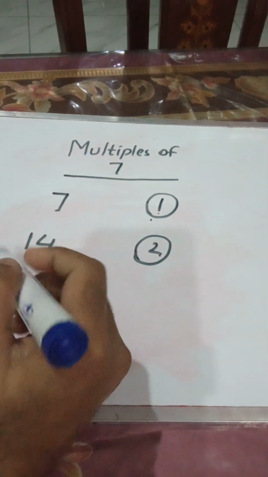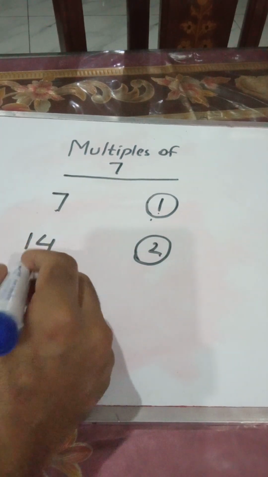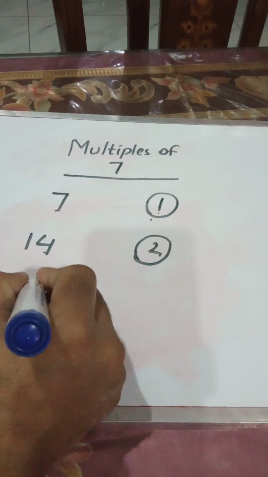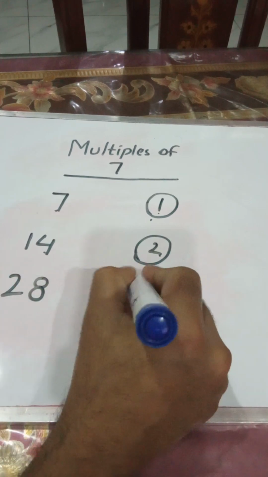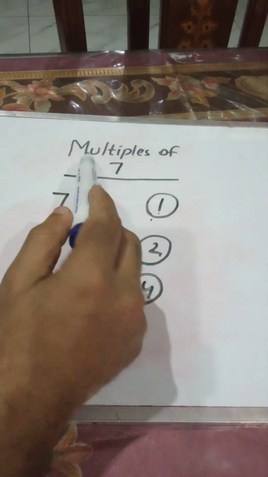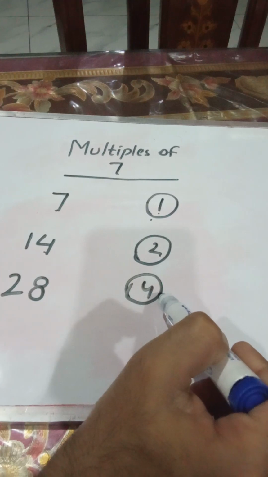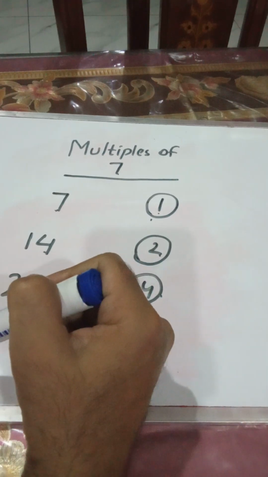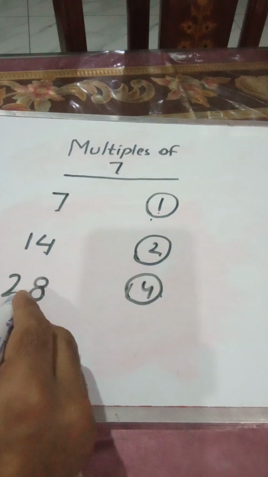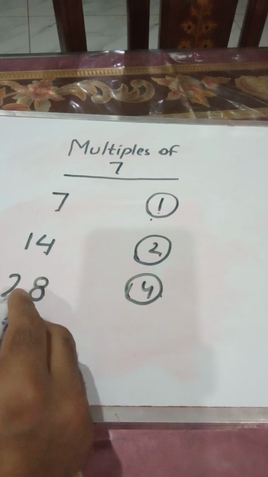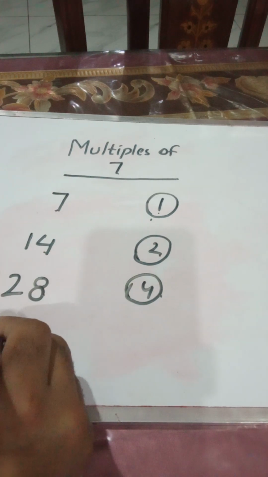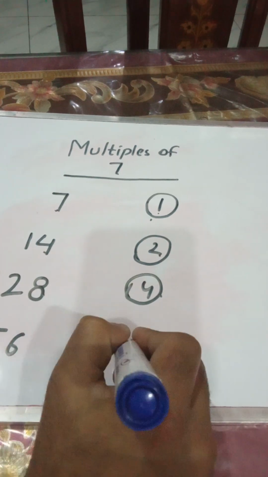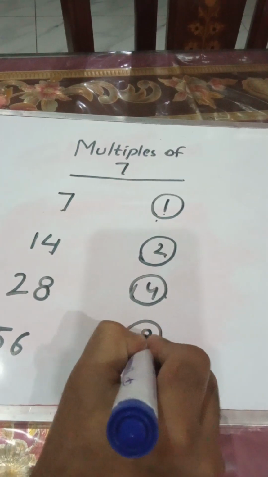Now the double of 14 is what? The double of 14 is 28, and the double of 2 is 4. So 7 4 times is equal to 28. Now the double of 28 is 56, and the double of 4 is 8.